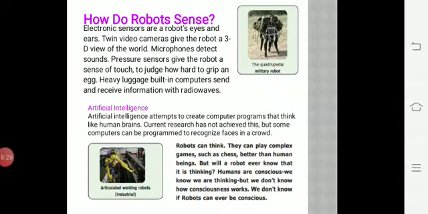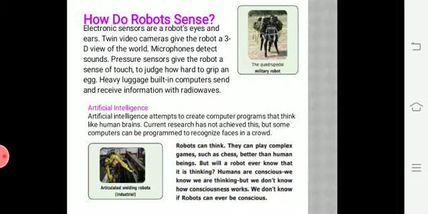Do robots sense? Electronic sensors are the robot's eyes and ears. Twin video cameras give the robot a 3D view of the model. There will be microphones too, and the robot's eyes and ears are made up of sensors. Pressure sensors give the robot a sense of touch.